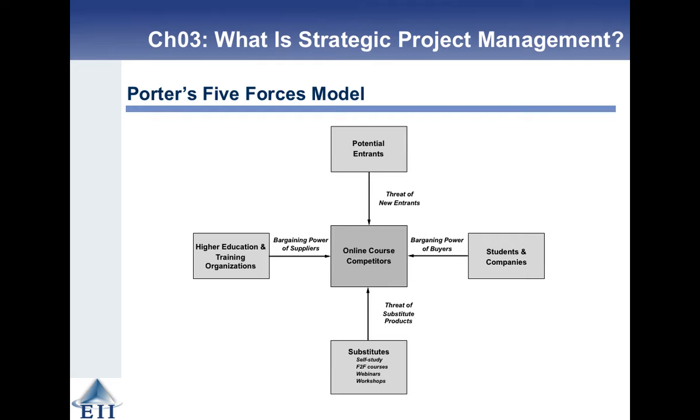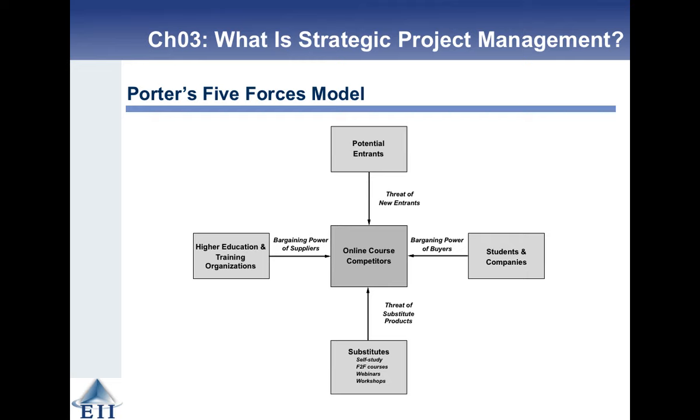Another way of looking at competition, or looking at the strategy or the environment with which you want to embed your project, is by Michael Porter, and he has this 5-force model.